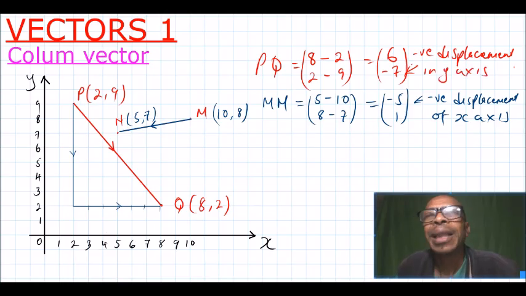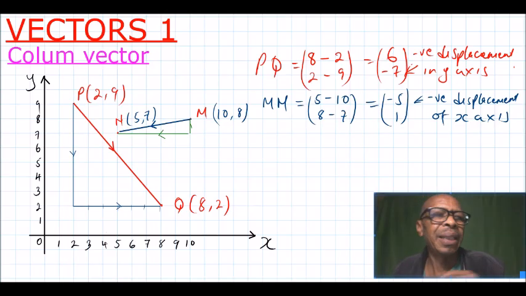So that is why I said when we have displacement downward in y, then the displacement is negative. Here we have not indicated the displacement, so we can indicate this as our displacement. So you see now x is to the negative, but y is upward. So that is what the column vectors are.